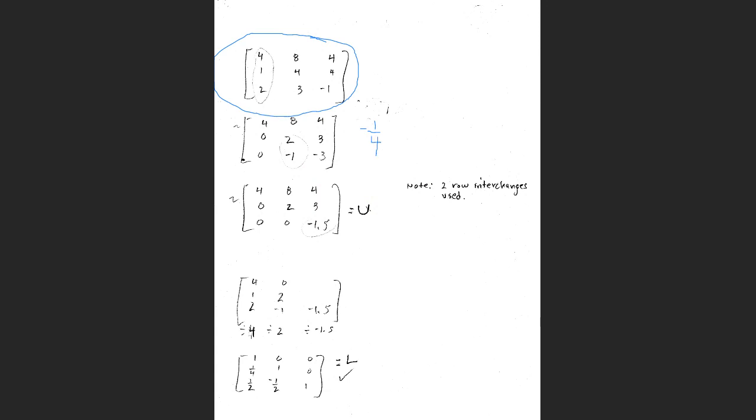So the first column, I'm using the 4 as a pivot. So I'm taking negative 1/4 times row 1 plus row 2, and replacing row 2 with that result.